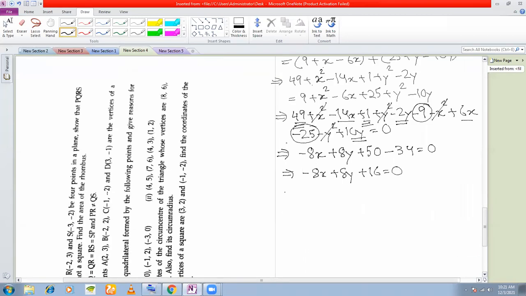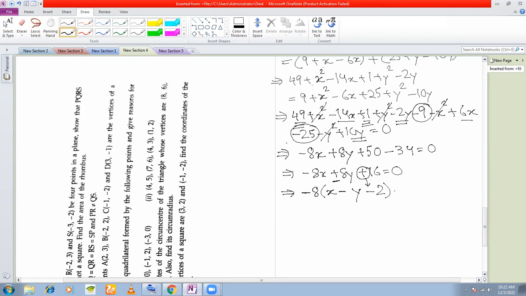Now here, what you also see is that in all the terms in this expression on the left hand side, you can take 8 as the HCF out, right? So you take minus 8 out. If you take minus 8 out, what are you going to be left with? You are going to be left with a plus x. And because you are keeping a minus sign outside, this plus sign is going to change to a minus sign. You get minus y. Again, this plus sign will change to a minus sign.